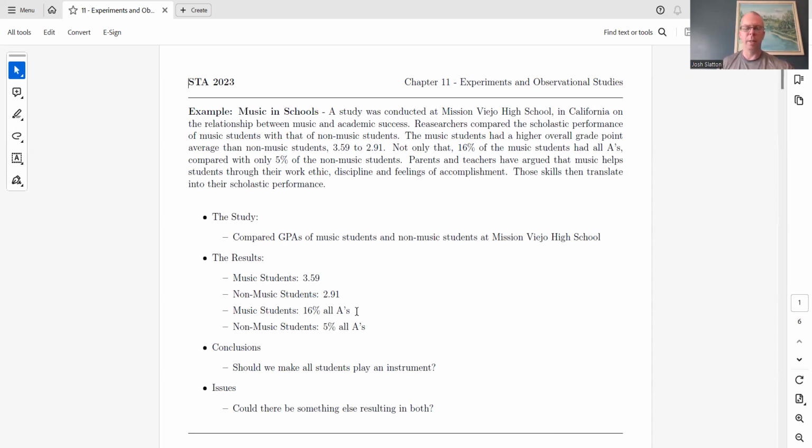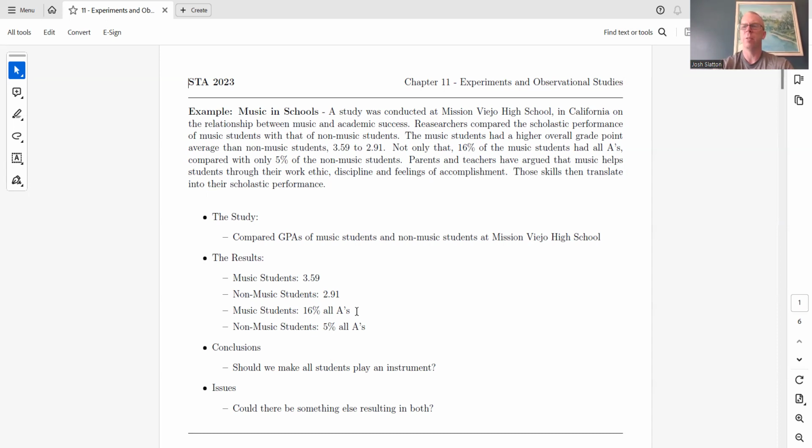And then we could think of possible reasons why that may be the case, and why it may not be the case. Could there be something else resulting in both? For instance, perhaps all the students in the music program have easier classes, and maybe that's the difference.